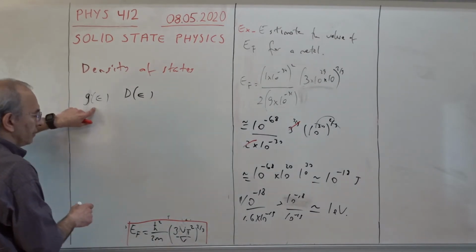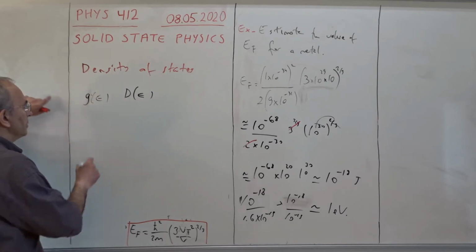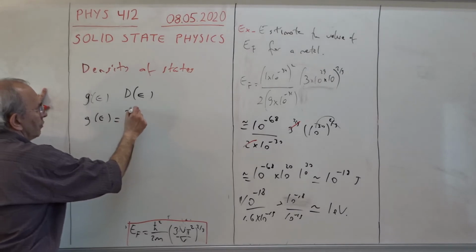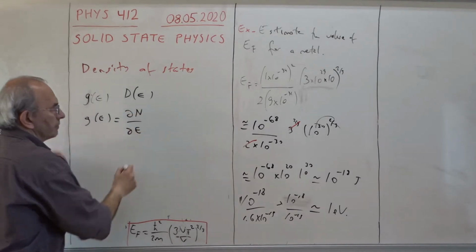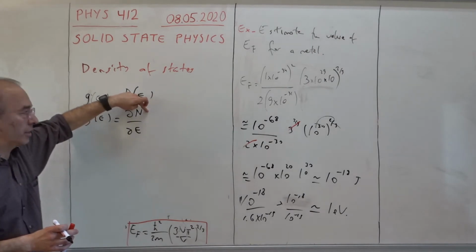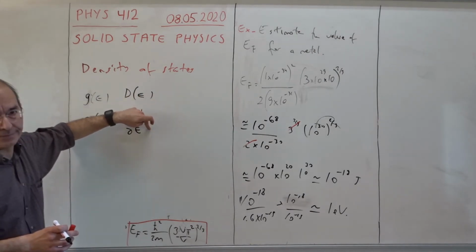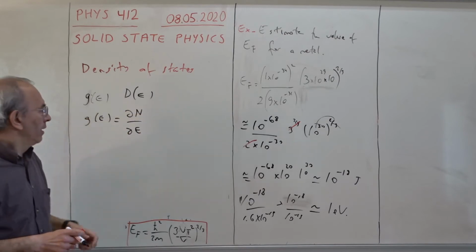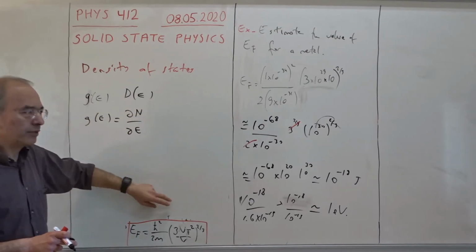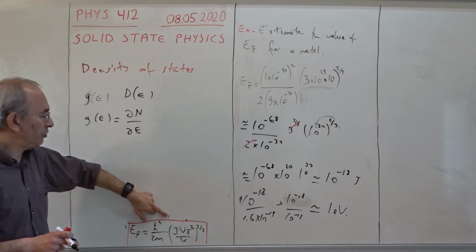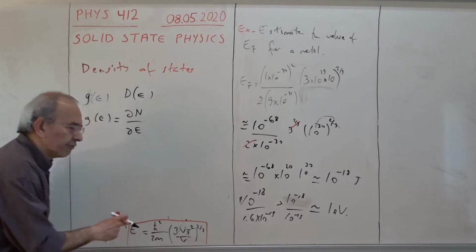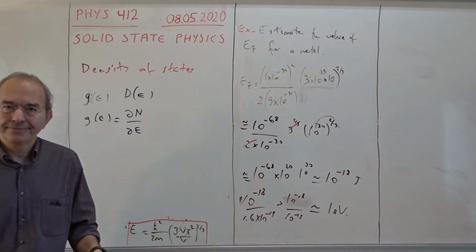So G of E here is a partial derivative of N with respect to E. How does the number change as a function of energy? Maybe you can consider it first after making a simple calculation here using this equation, because it is not valid only for the Fermi level, it is valid for any energy.